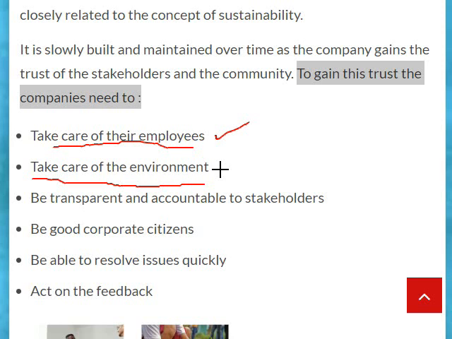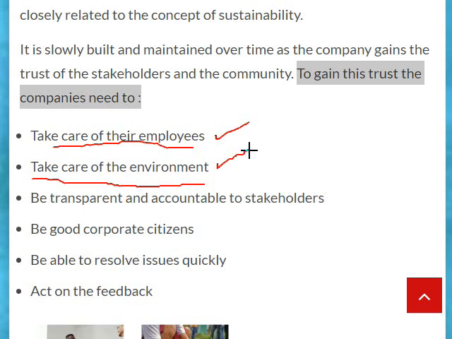So that's why some companies tend to include environmental issues within their CSR activities. Some companies like to do regular plantation programs and such environmental programs as a part of their CSR activity, so that people see their seriousness towards environmental issues.